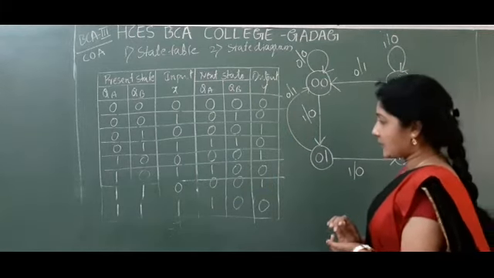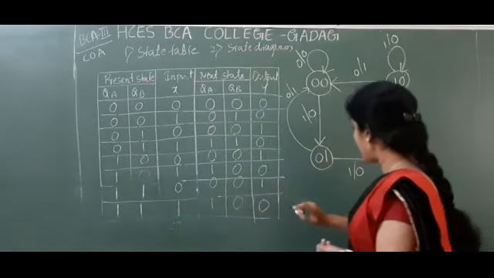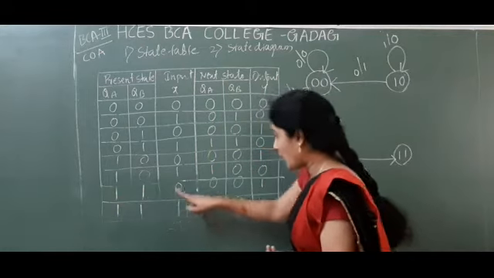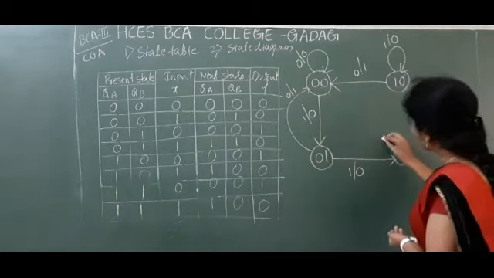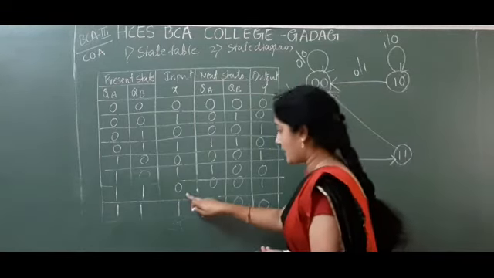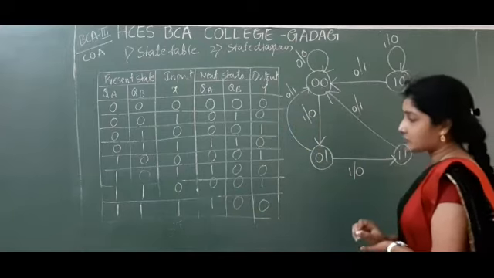Okay. Now the next one, 1 1, we have to come here. When the present state is 1 1, the next state becomes 0 0, so from here to here. What is the input? 0, output 1. So 0 1.